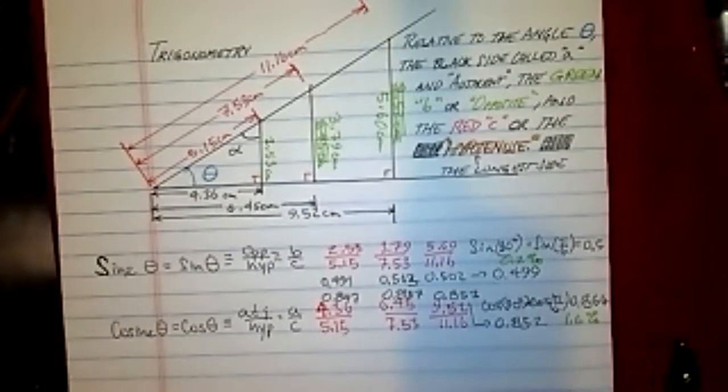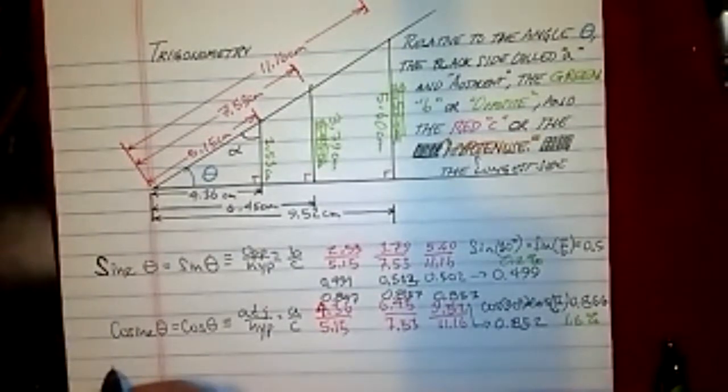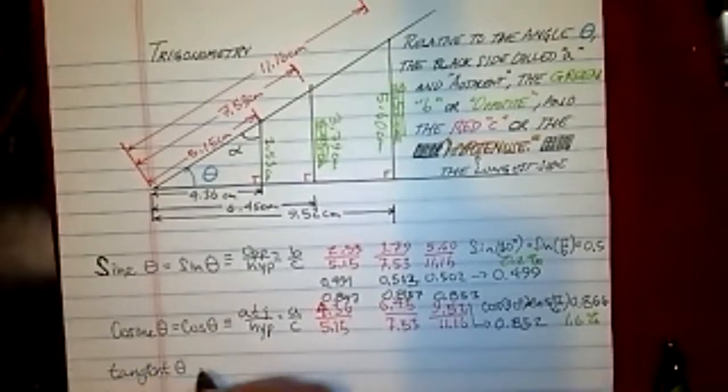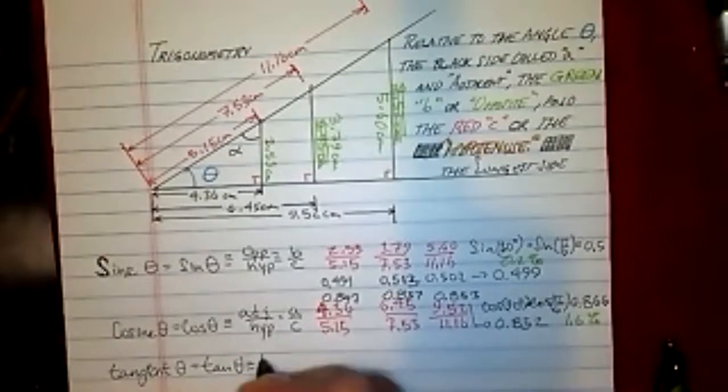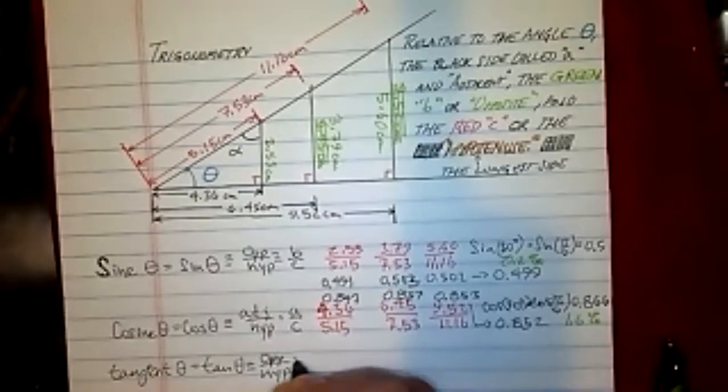So let me introduce you to the third fundamental trig function, and this one's called tangent. Tangent theta, which we just write as tan theta, is defined to be opposite over hypotenuse, which is also equal to, excuse me, B over C. Okay.